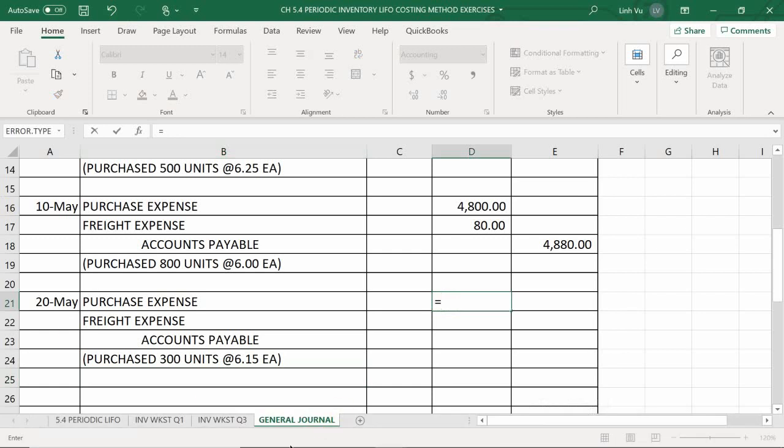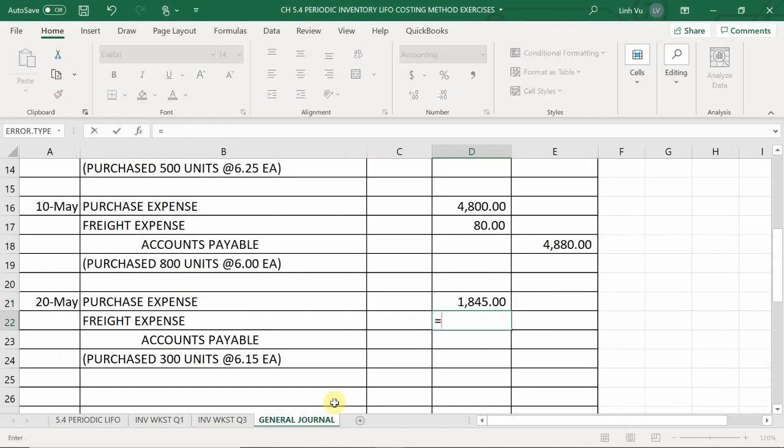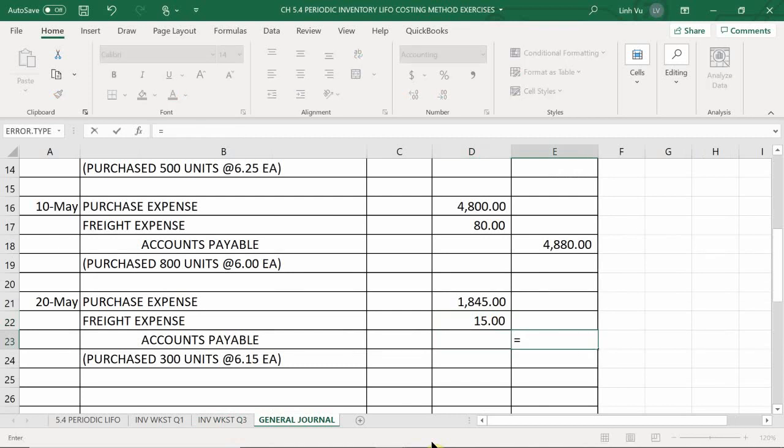We solved that it was a total of 1,845 plus the $15 freight, which will give us a grand total of $1,860.